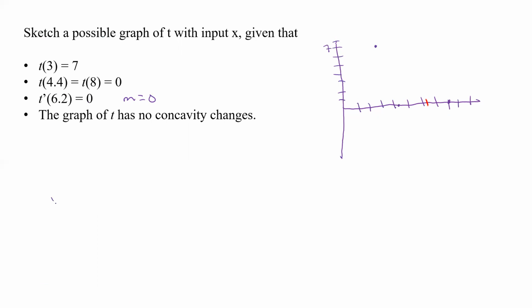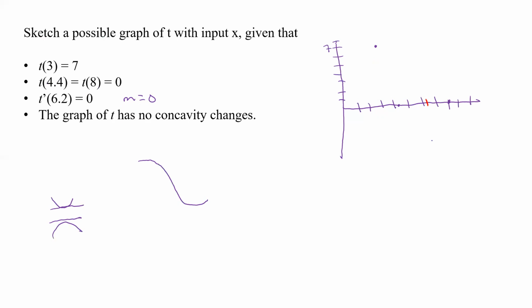So it's going to have something like that, or like that, where we have a horizontal tangent. Okay, again, can't draw very well, but that's okay. So we have to think about this. So it's up here at 7, and we don't have any concavity changes, so we can't go concave up, then concave down. So what we have to do is have one single kind of graph. And so I think if I'm going to do this, I have to come down here. Then I'm going to have to come back up here.